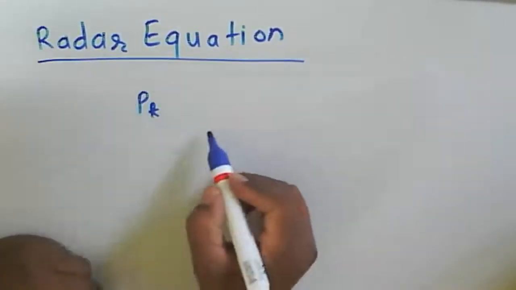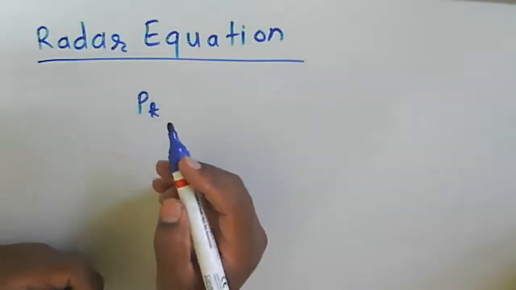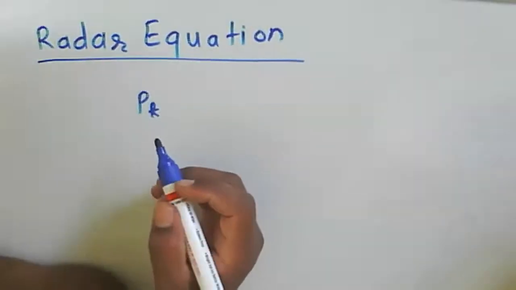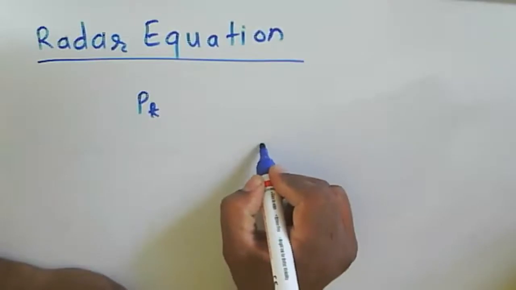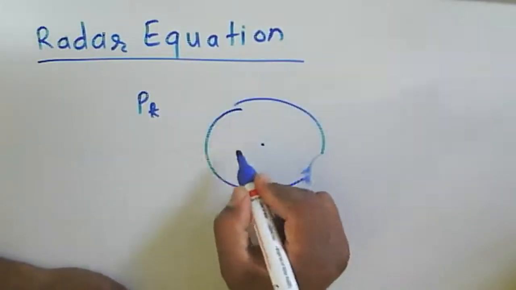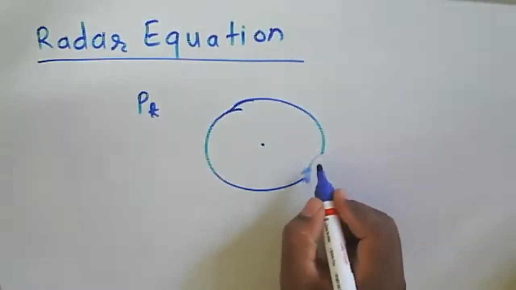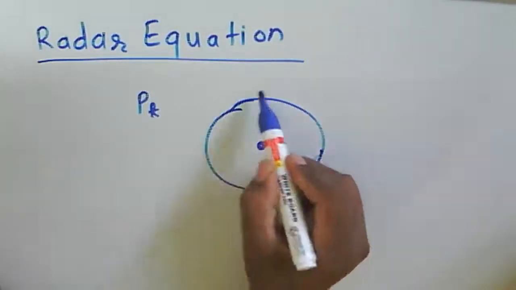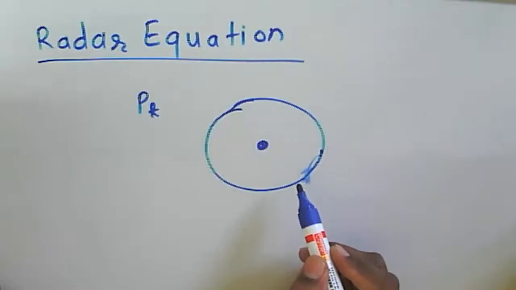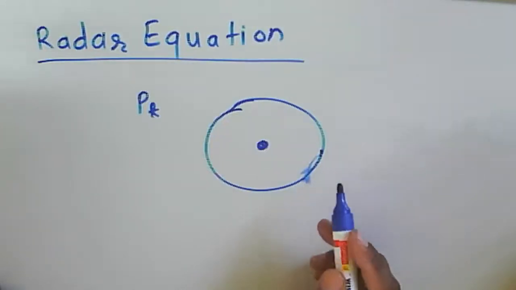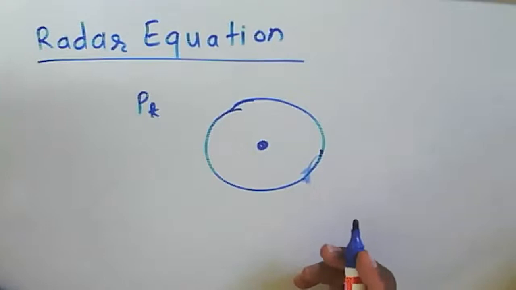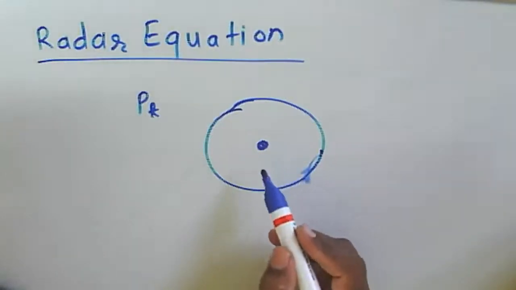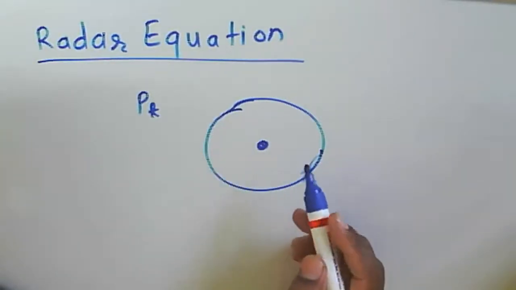But to understand the gain, the effective aperture area, and the radar equation, we consider that the power is radiated by an antenna uniformly in all directions. So if your antenna is there, it will radiate the signal in all directions. That's why we can say uniform radiation by your antenna there.